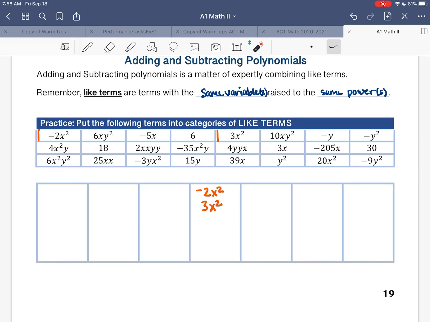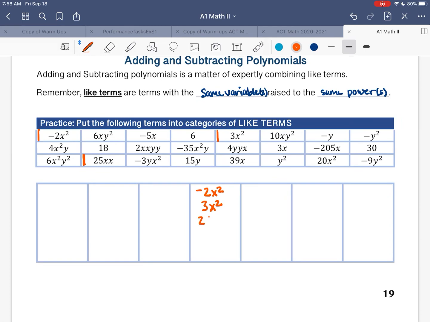Even though it has the same variable to the same power, it has an extra variable, and that's not allowed. So even though it has an x squared, that would go in a different category with all of the ones with an x squared y. So let's keep going. I'm scrolling slowly through here. Okay, let's talk about this one, 25xx. This is just written a different way, but that is still 25x squared.